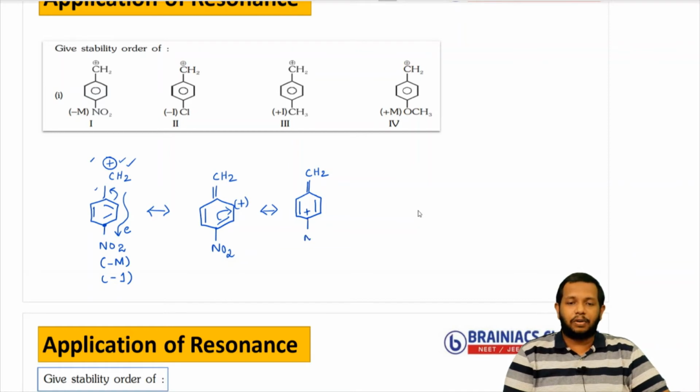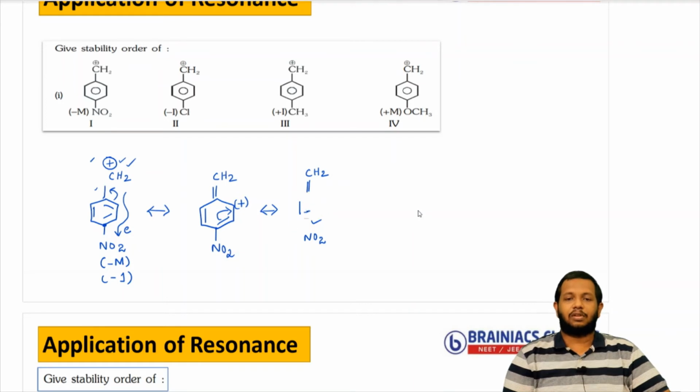Now at this point you can say NO2 is destabilizing the positive charge, because NO2 is a group that will attract the electrons. So it will increase the positive charge density at this point, making this resonating structure highly unstable. That is the reason why we say whenever there is positive charge circulating in the ring structure, and you have any of the minus M groups at ortho and para position, it will destabilize the resonating structure.